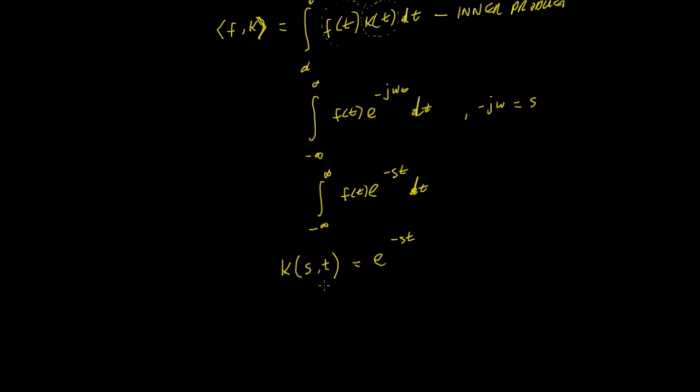So what we're really saying is that t is the variable, but s is a parameter, so you could pick a value for, say, omega, and then t ranges from minus infinity to infinity for that value of omega, and that will give you some value for that integral. Then you could pick a different value for s, and keep picking different values for s, and then let t, the variable, range.